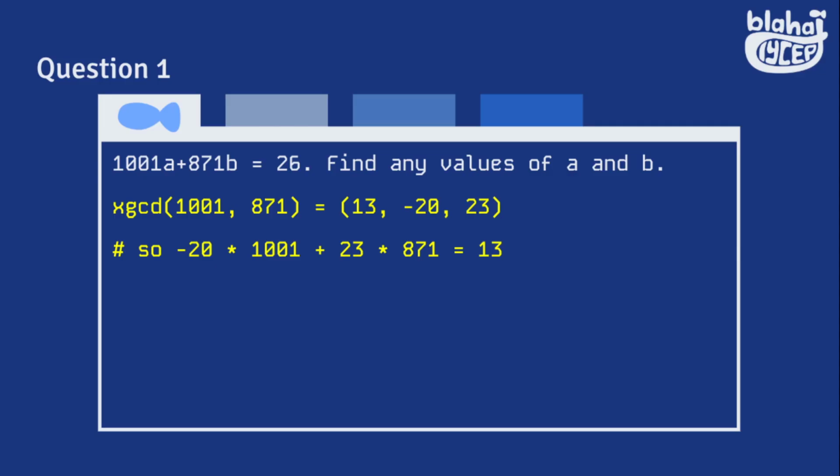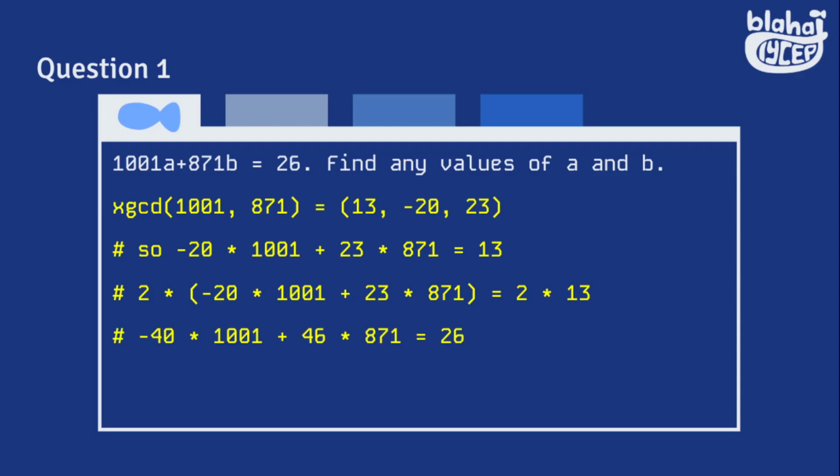What do we do? Times 2. Yeah, that is correct. So we multiply the entire equation throughout by 2. So we get negative 40 times 1001 plus 46 times 871 equals 26. And these two numbers are our answers.